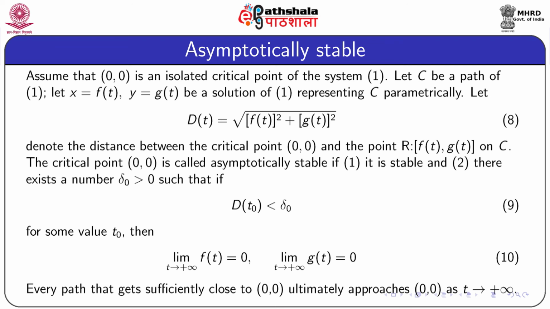So, the conclusion is that every path that gets sufficiently close to (0, 0) ultimately approaches (0, 0) as t tends to plus infinity. The basic difference between stability and asymptotic stability is that if it is asymptotically stable, it has to be stable, and along with that there is a second property which says that if the path gets sufficiently close to (0, 0), it ultimately has to approach the point (0, 0) as t tends to plus infinity.